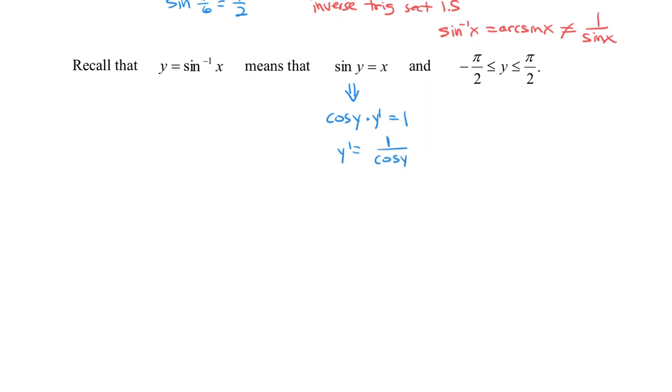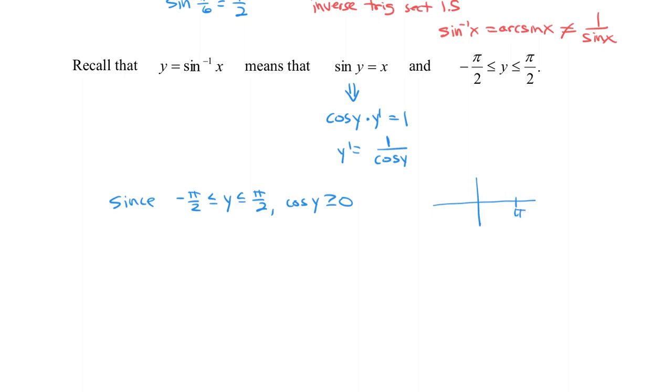All right, and also, since we're over here, and this y is between negative pi over 2 and pi over 2, well, then cosine of y is going to be greater than or equal to 0. And just think of a cosine graph here.